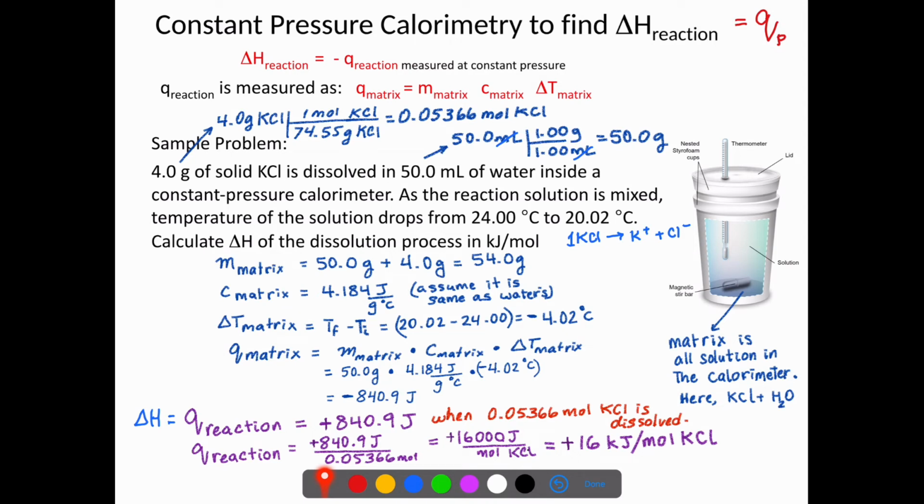Now imagine what's going on here. Dissolving a salt has basically cooled down your reaction, okay? So you know about cold packs. When you have injuries, you apply a cold pack. A cold pack basically contains a salt such as potassium chloride in one compartment and water in the other compartment.